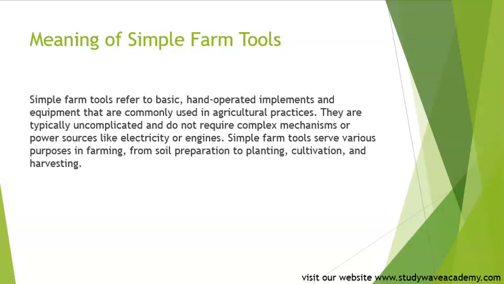And they are used for various purposes like planting, cultivating, harvesting, right? Good. So now we are going to be looking at the different types of simple farm tools, okay?